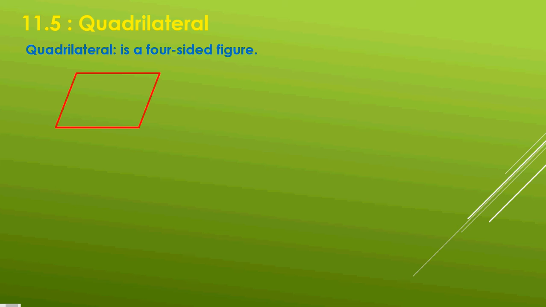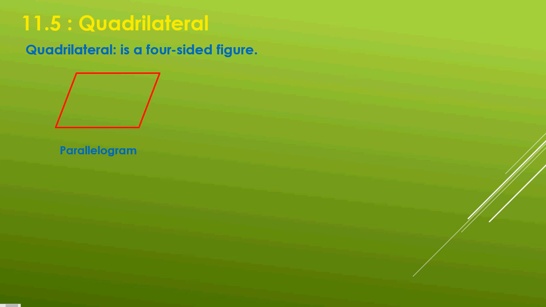Okay? But this one has a different name. Aparte que es cuadrilátero, también se llama parallelogram. ¿Por qué parallelogram? Okay. A parallelogram is a quadrilateral with opposite sides parallel. That means that this side and these sides are parallel. Do you remember what parallel sides are?